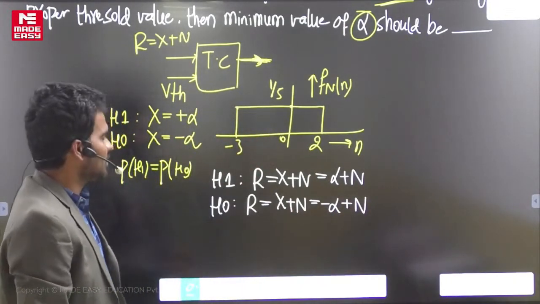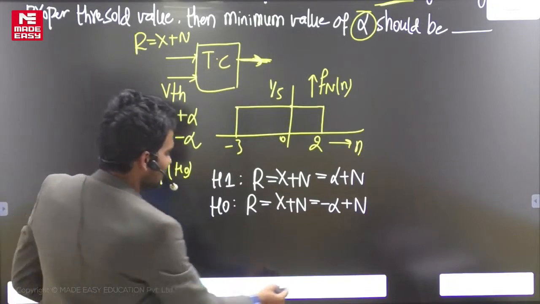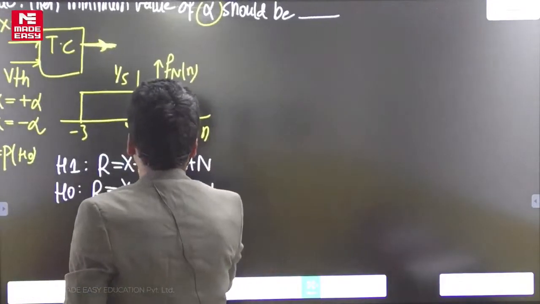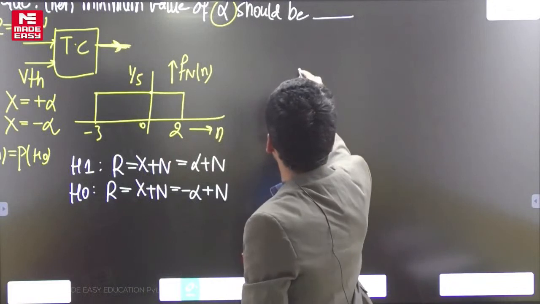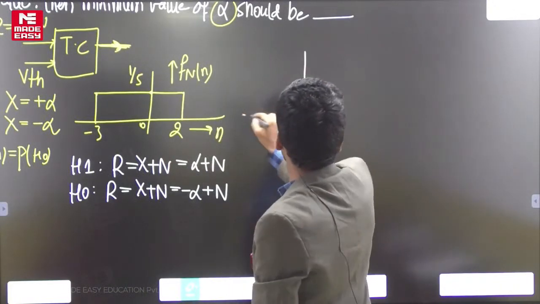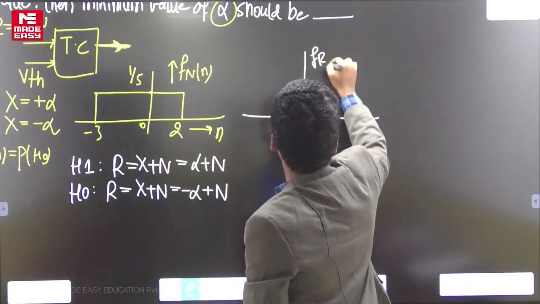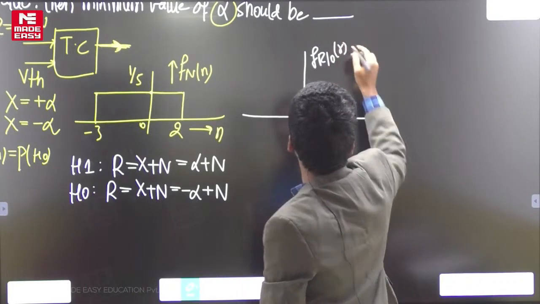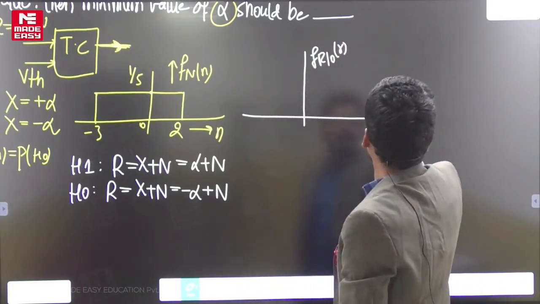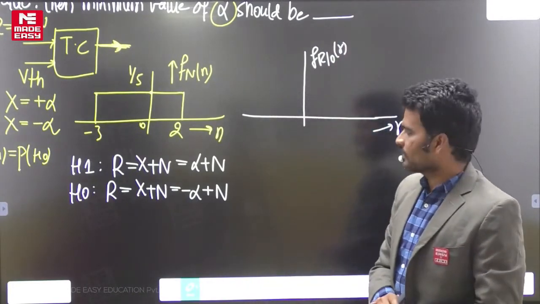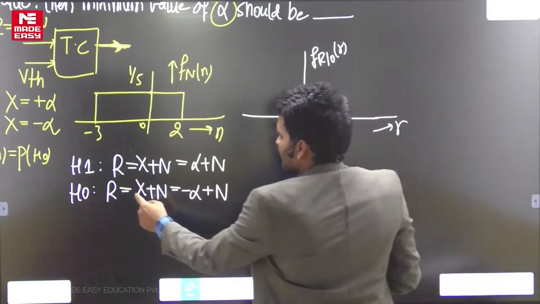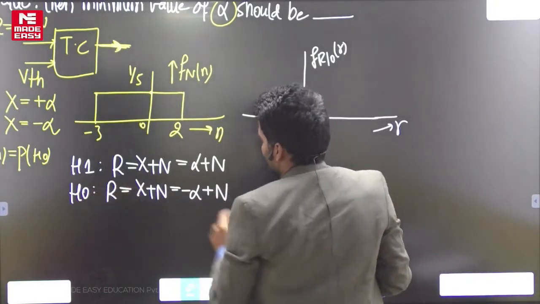Alpha is some constant, of course. Now we need the density function of R when 0 is transmitted, f_R given 0.